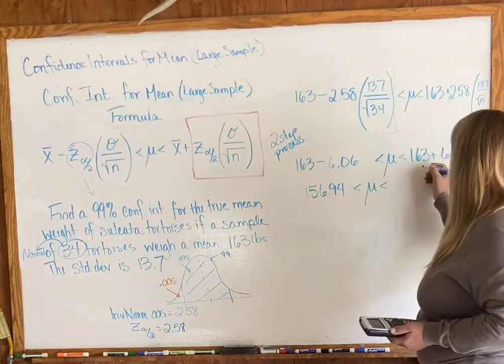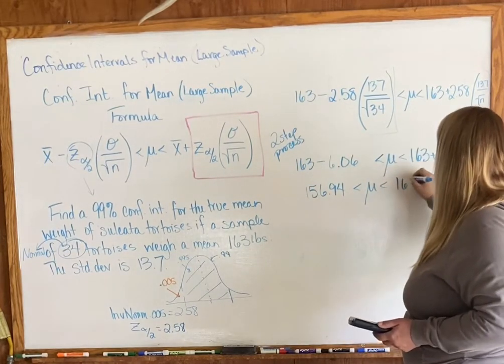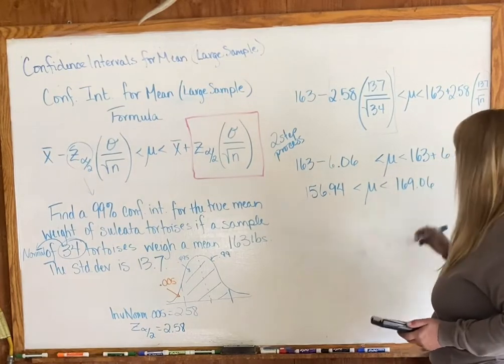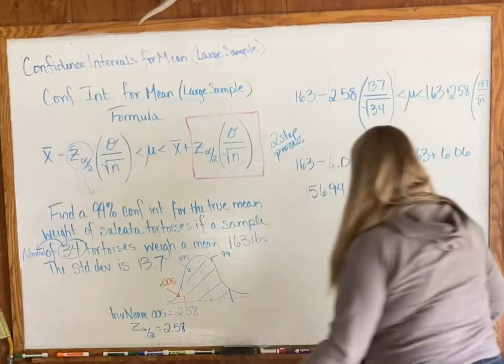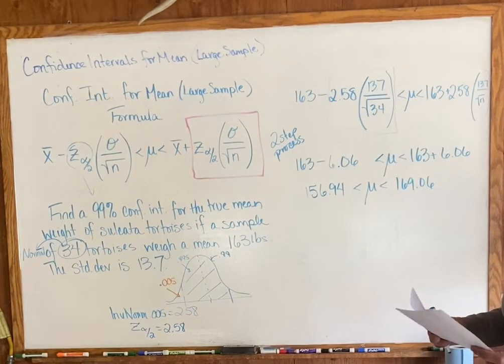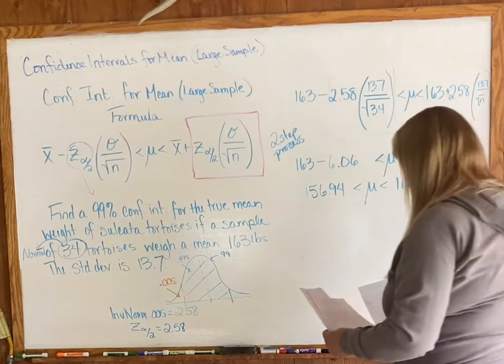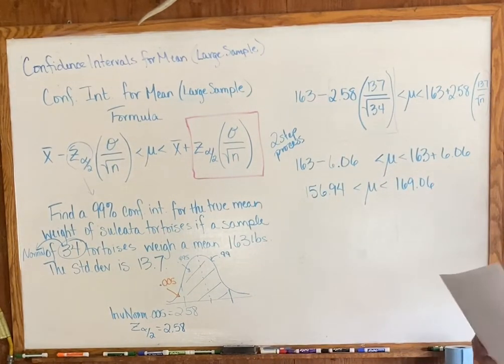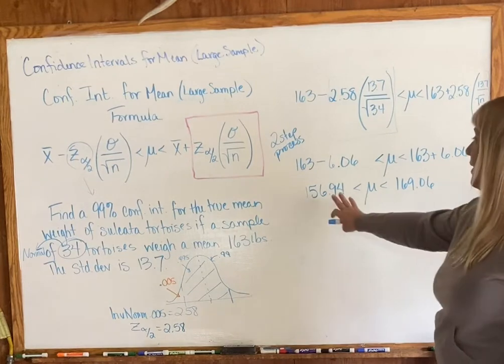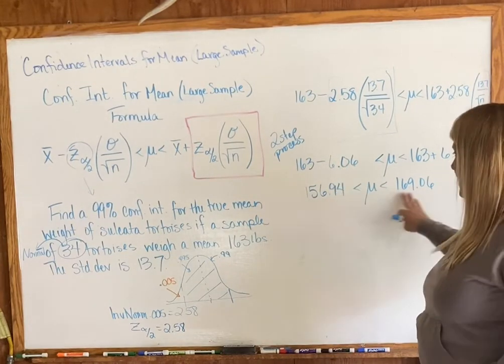And if we add it up here, we'll have 169.06. Does that look good to everybody, calculating wise? All right, so we've got our first step and then our second step.